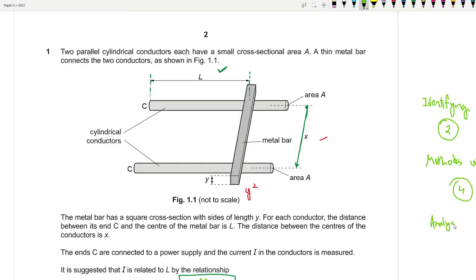In analysis, you are going to get 3 marks, okay? And in additional details, you can get a maximum of 3 marks, although listen, there are 10 marking points. Basically there are more marking points than the marks available, and this is only present in additional details, nowhere else. Okay, so 2 plus 4 is 6, 6 plus 6 is 12, 12 plus 3 is 15. That's how we're going to go.